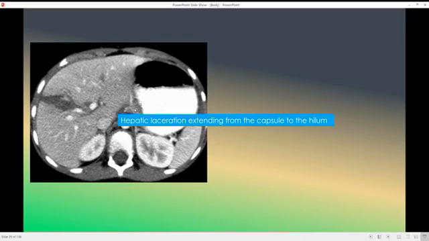This is a grade 3 liver or hepatic laceration with possible extravasation here. So hepatic laceration from the capsule to the hilum and with possible extravasation.